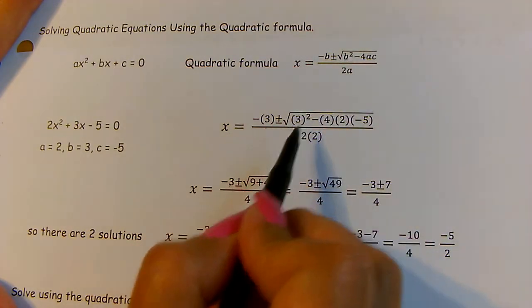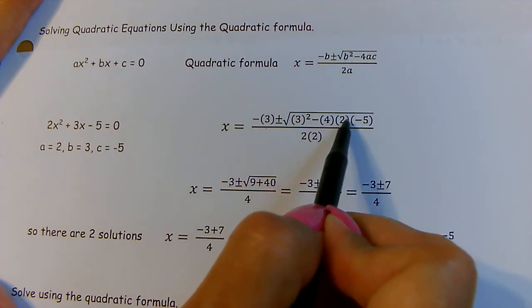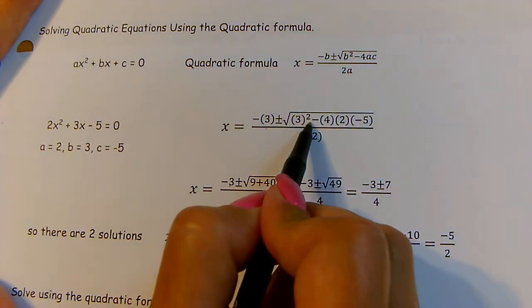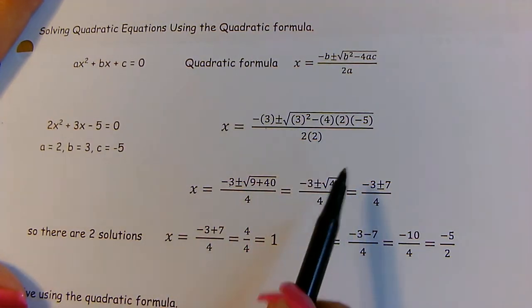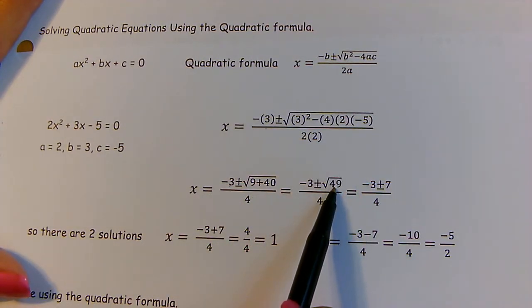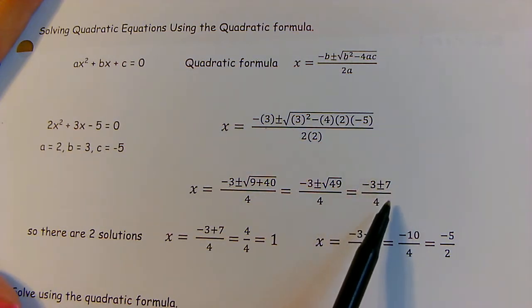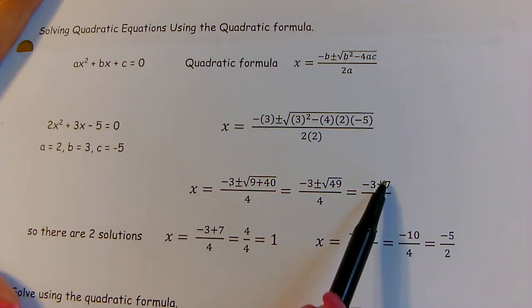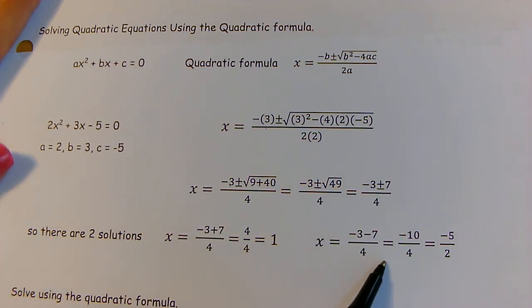So 3 squared is 9. Here, -4 times 2 times -5, you have two negative signs, so that's going to change to positive, and it's 40. Combine those, it's a perfect square of 7. So we have -3 plus or minus 7 over 4. So there's two solutions. The positive version is here, the negative version is here.